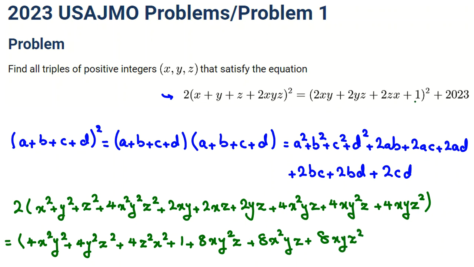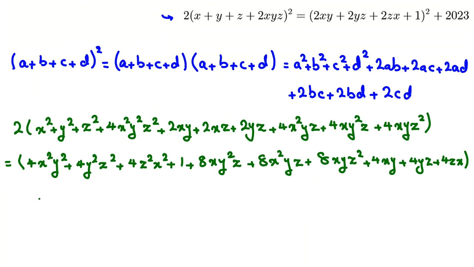Then plus 2 times this, 4xy. This times this, 2 times that, 4yz. 2 times 4xy, 4yz, 4zx. One term is left, plus 2023.